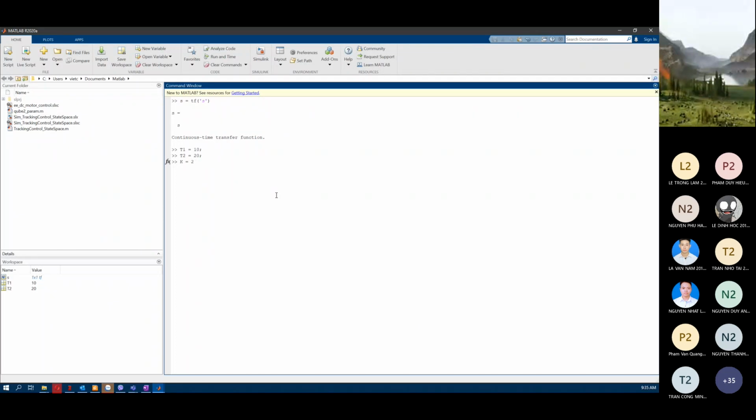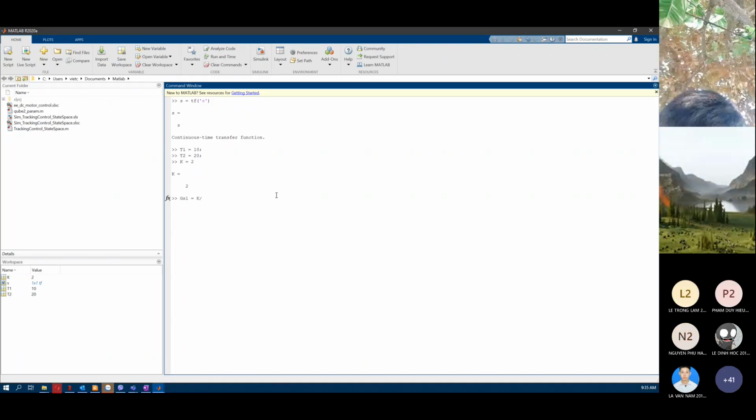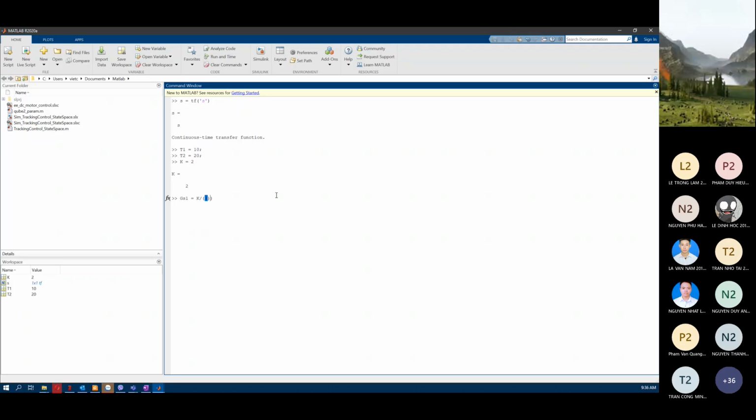Okay, and then we have G1(s) equal to K over (T1 multiplied with S plus 1), sorry, T2.